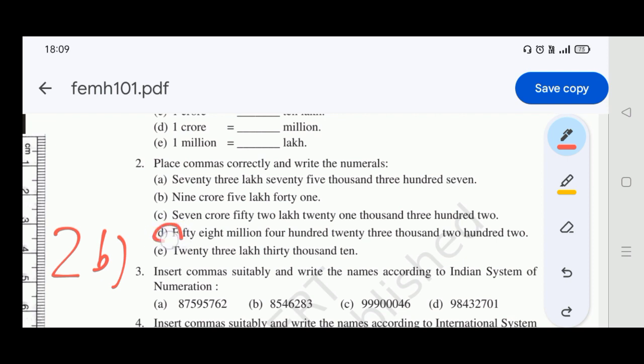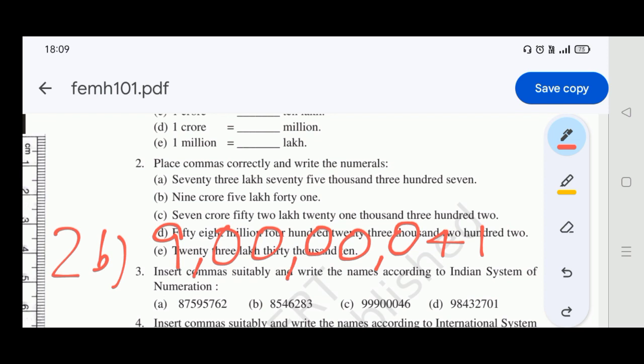So 9 crore, no lakhs, no thousands, no hundreds, it is just 41.